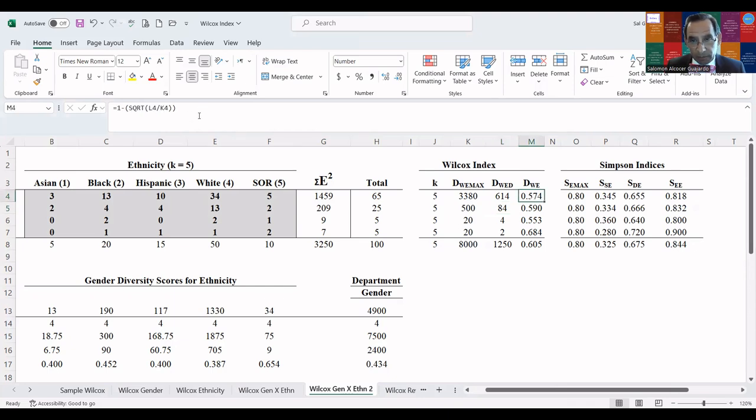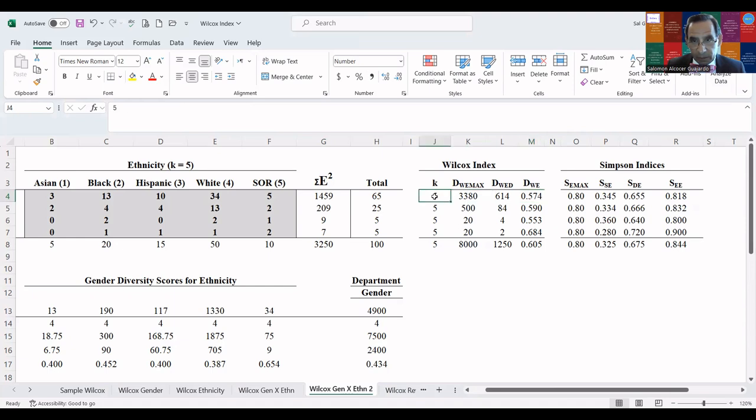To obtain the Wilcox evenness or standardized score, it's going to be 1 minus the square root of the diversity concentration score divided by the maximum score. So it's going to be the square root of 614 divided by 3380, subtracted from 1. That gives me 0.574. So for the male groups, that means that the organization obtained 57% of the possible maximum value of male by ethnicity.